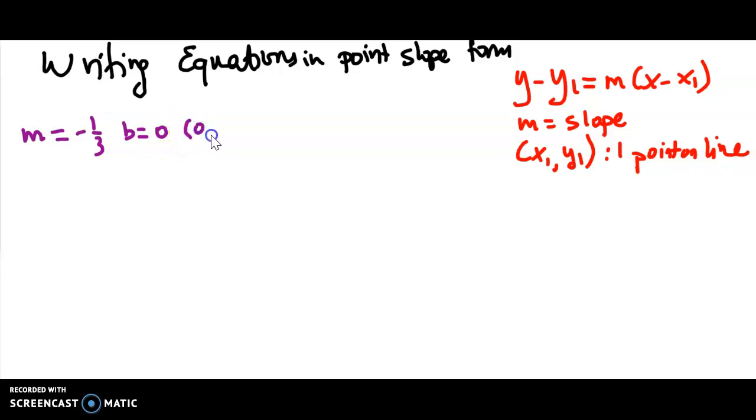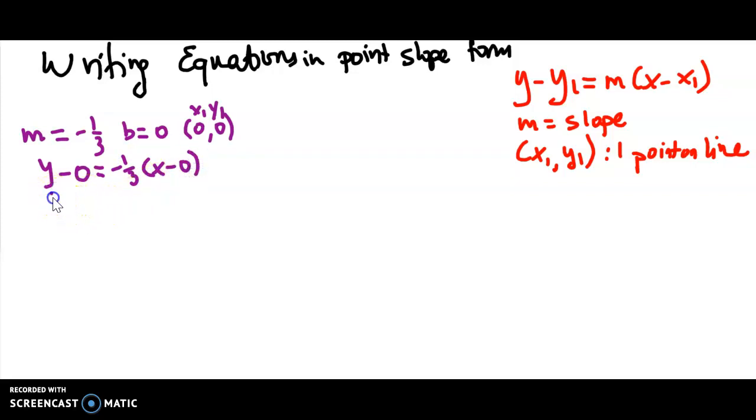b is 0 means that the x is always 0, because b is on the y-axis, where x is 0, because you don't go left or right. And because b is 0, that would be your y value also. So if I take them, label them, and put them in point slope, I have this: y minus 0, because that's your y1, equals m times (x minus x1).